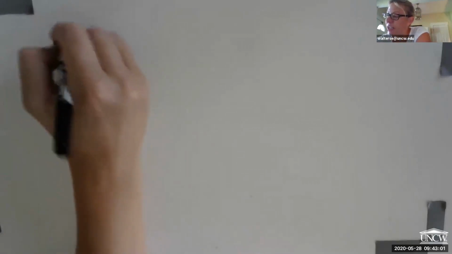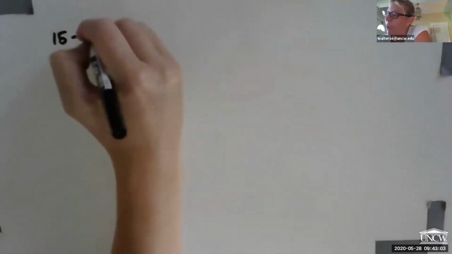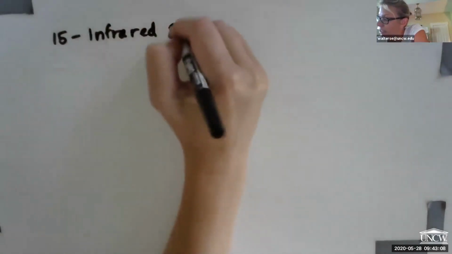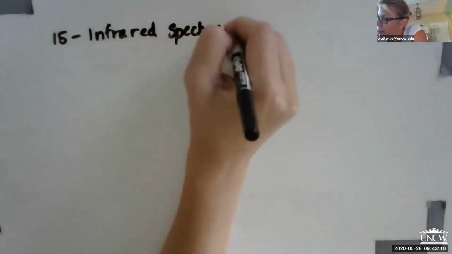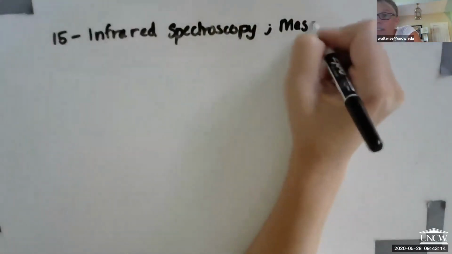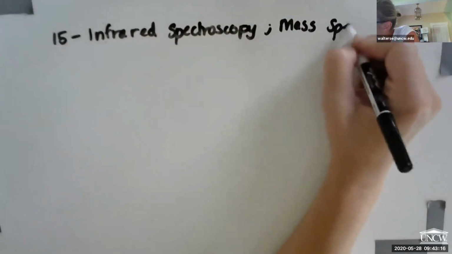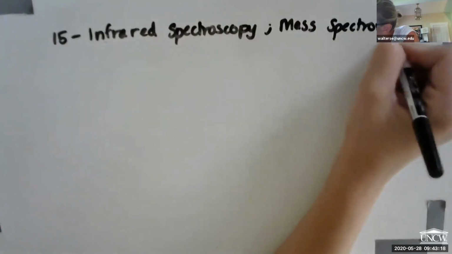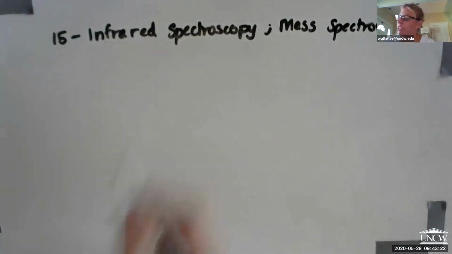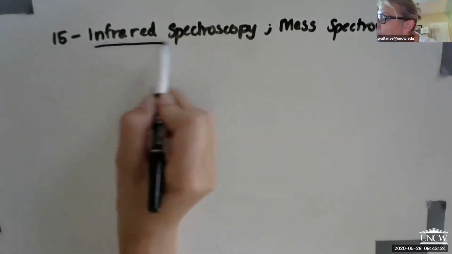All right, so the first part of chapter 15 is infrared spectroscopy, and the second part is mass spectrometry. We're going to start with infrared.